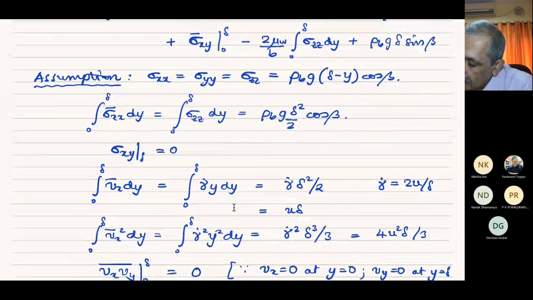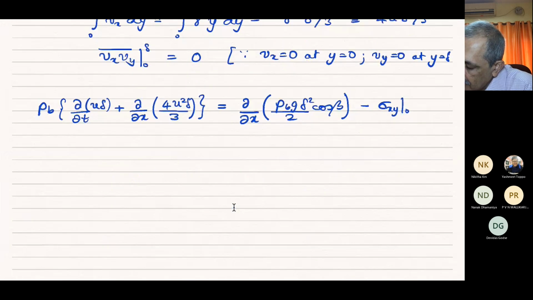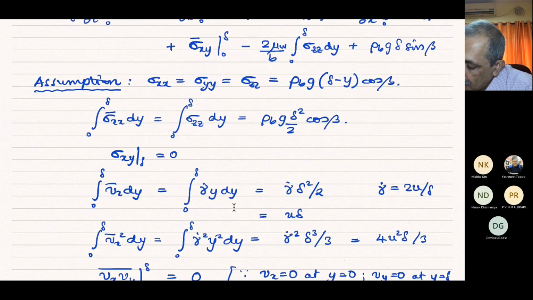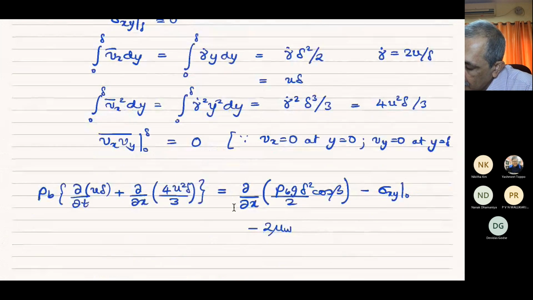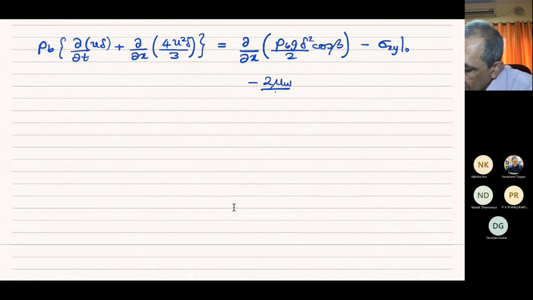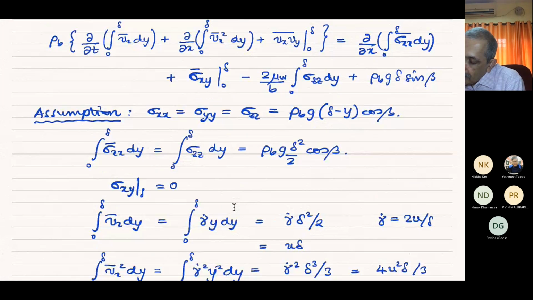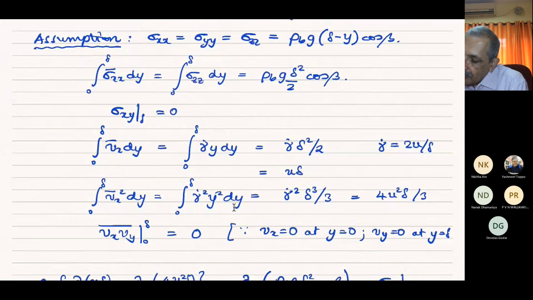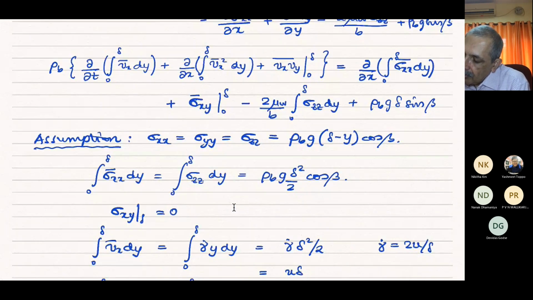And then our third term is minus 2 mu w by b into this integral of the normal stress, which we have already found out is rho b g delta squared by 2 cos beta. So this is the frictional term. And then finally, of course, we have the term due to gravity.